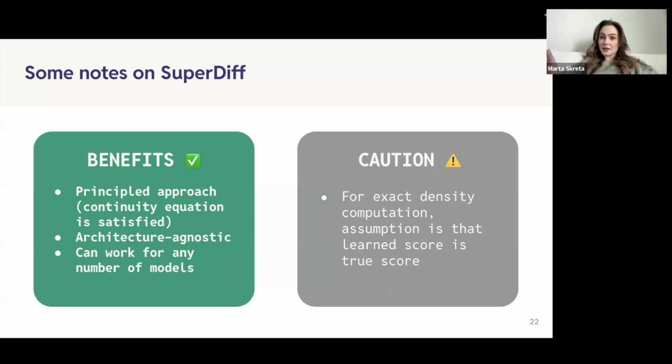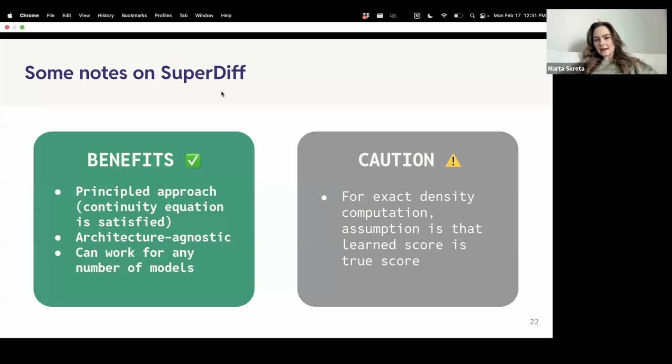As long as we can get the score, then we're able to combine as many models as we want. And then as Hannes astutely pointed out, the issue can come in if the score function isn't the true score. So that's just a caveat for when you're looking into it for your own applications.